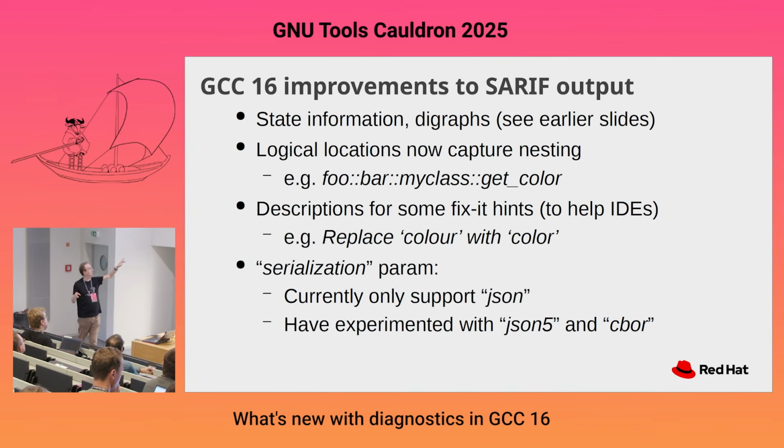Fix-it hints now have descriptions, or some do. I kind of messed up the internal API for how we do fix-it hints. The idea here is an IDE: you want to be able to pop up an apply fix-it hint, but what do you write there? Like you could say, fix misspelled field colour with color, sorry, the British versus the US spelling.